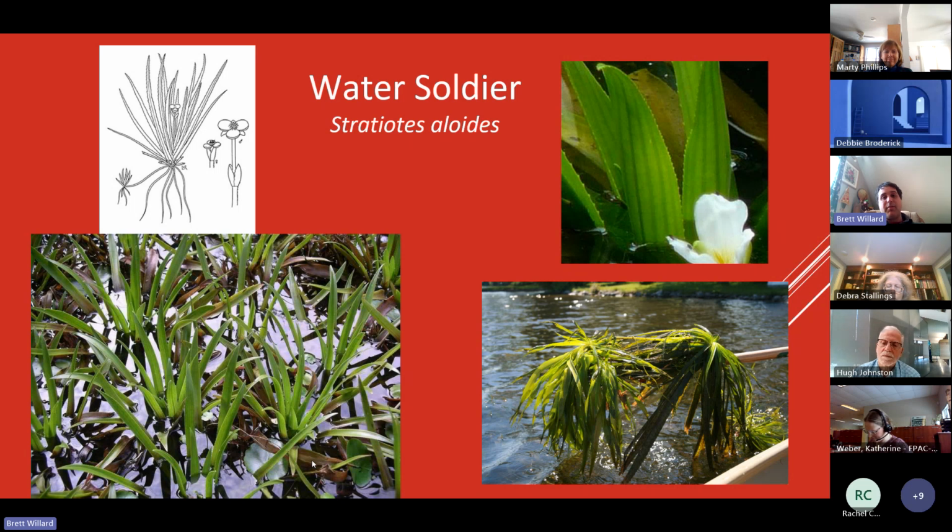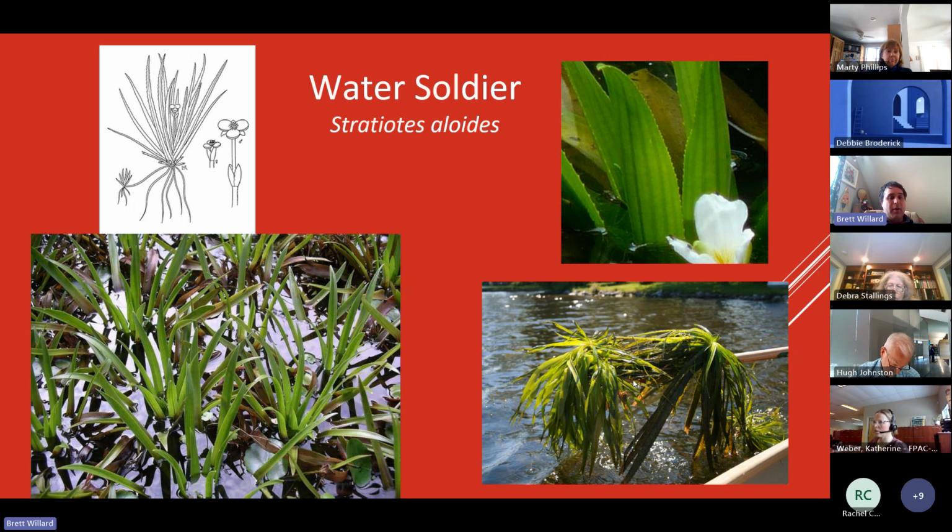They have emergent flowers that are white with a yellow center with three petals. And this plant can spread through roots and stolons and it can crowd out other plants. A curious thing about this plant is that if conditions are right, it will break off from its root structure and it will freely float on the surface of the water and it'll float to a new place and grow somewhere else.